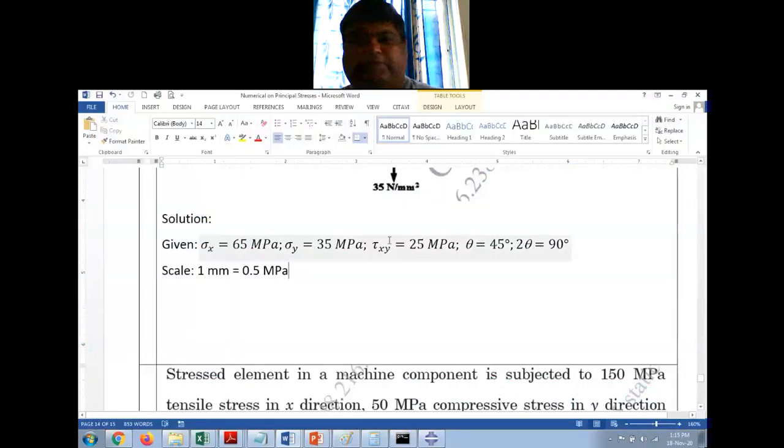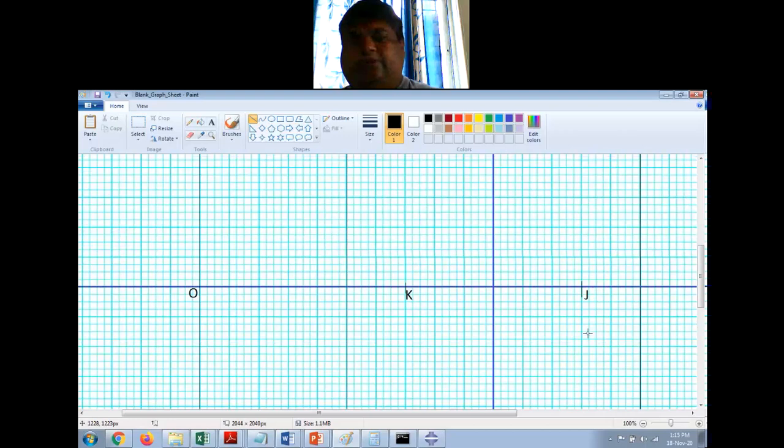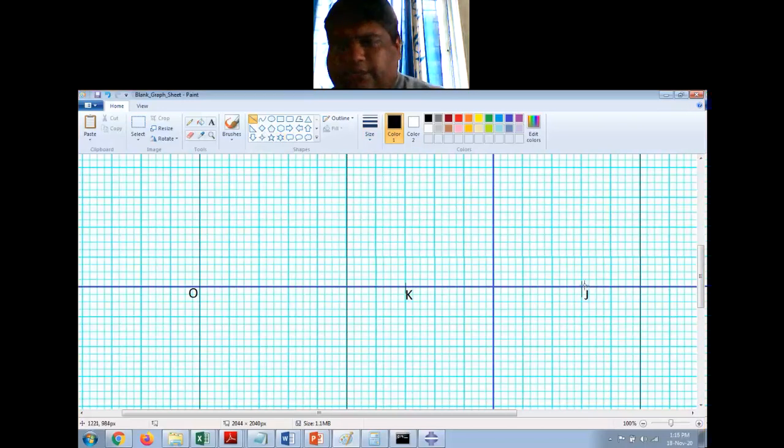Now what else is given? Tau xy is given, and that is positive 25 megapascal. Whenever you have positive shear stress, from here you have to measure it in the upward direction. I use a thicker line.